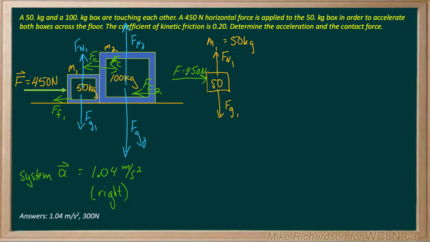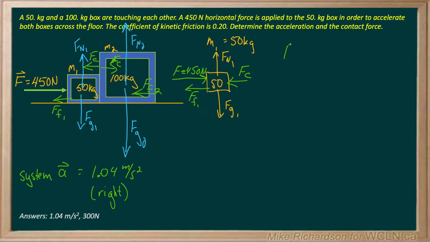It's directly touching mass 1, so we have to put it in. It's got some friction opposing the motion. And then also the force that's holding this back is this force FC. So the 100 kilogram mass is pushing back on our 50 kilogram mass with a force we're calling FC. So there's our diagram for mass 1 when we just isolate it.